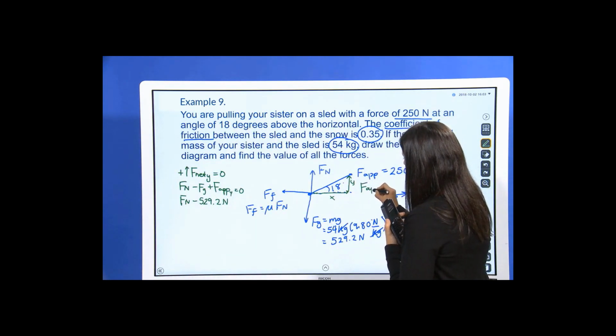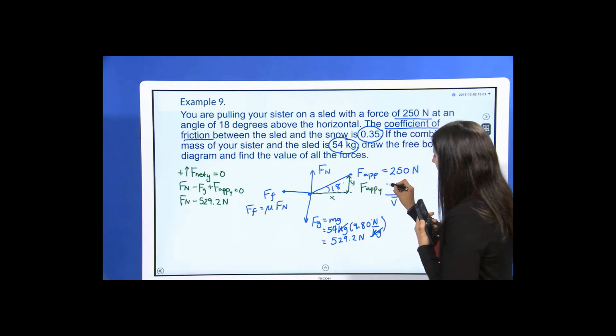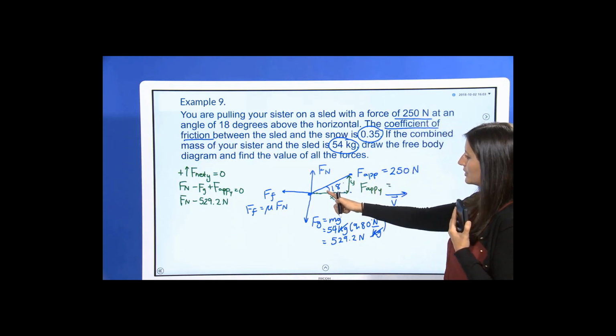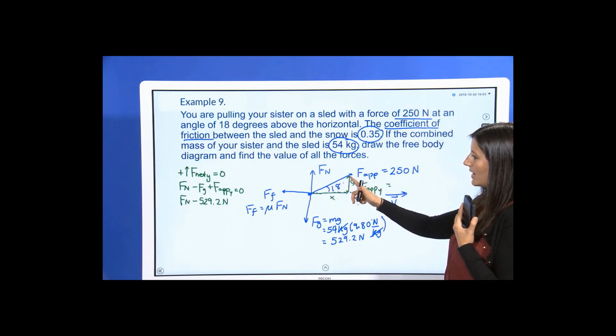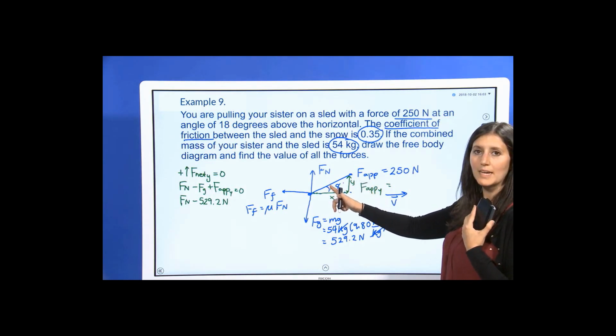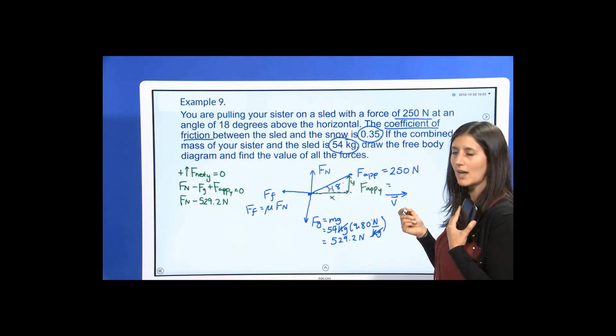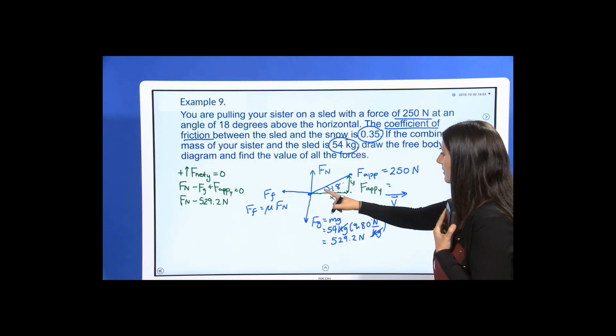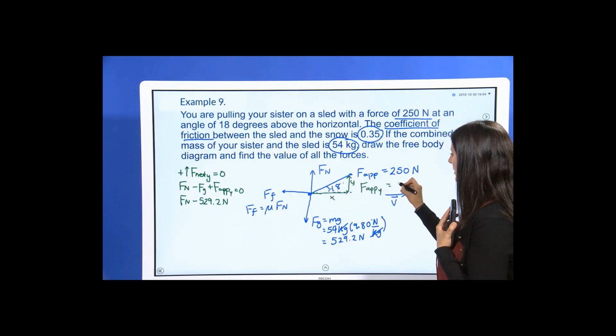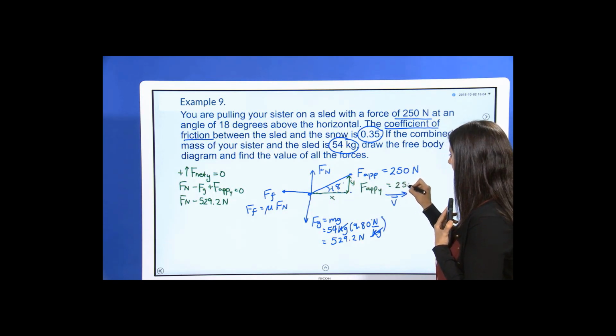And my F applied in the y direction, let's do it here. F applied y. Okay, again we're going to use SOHCAHTOA. My y direction is opposite of my 18-degree angle, so I'm going to use sine. So it's going to be my hypotenuse, which is 250 sine of my angle, 18 degrees.